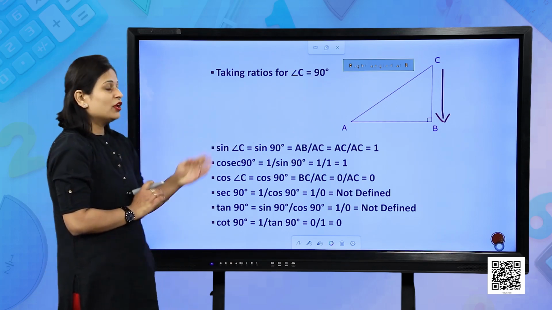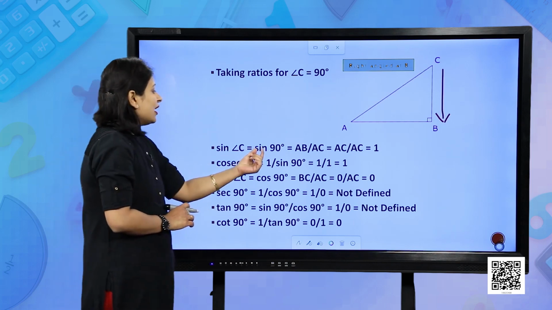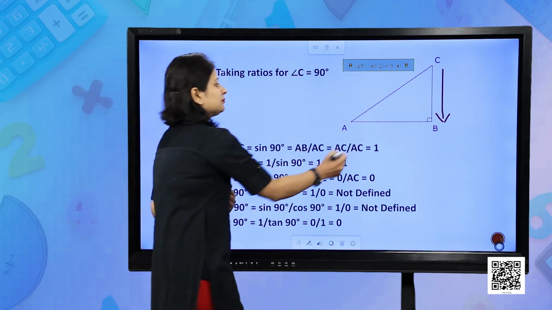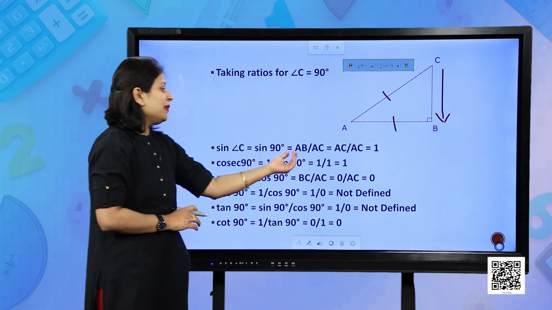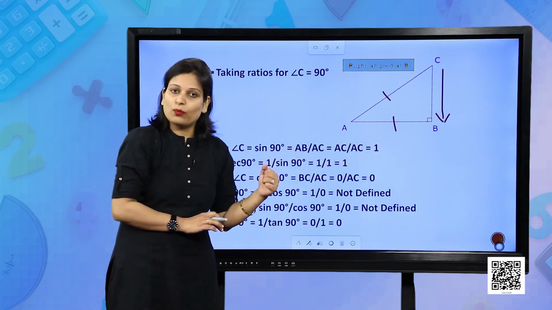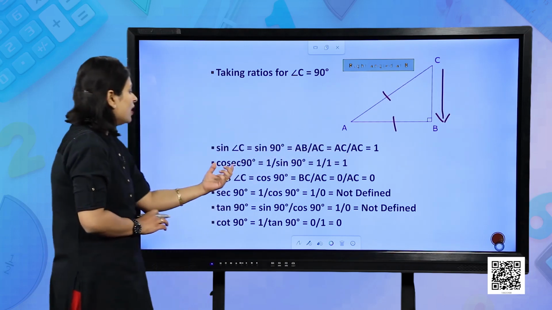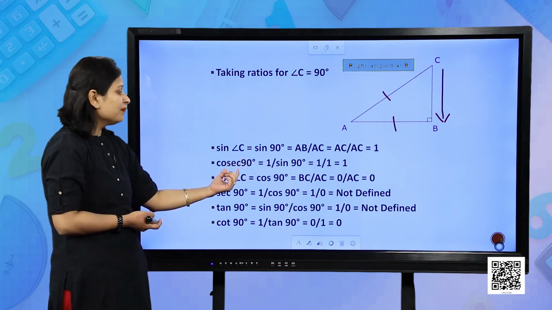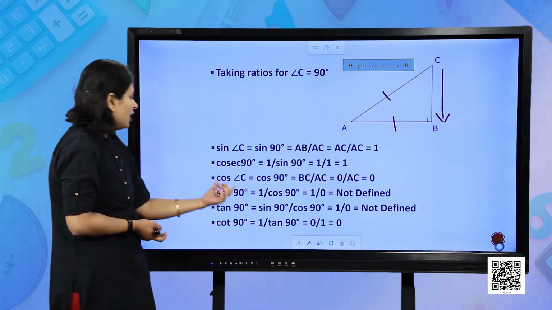So, the trigonometric functions with respect to angle C are: sine of 90 degree is AB upon AC, and AB and AC are equal. So, AC upon AC will give you 1. So, sine 90 degree is 1. Cosecant 90, reciprocal of sine 90, you will get 1 upon 1, which is also 1.